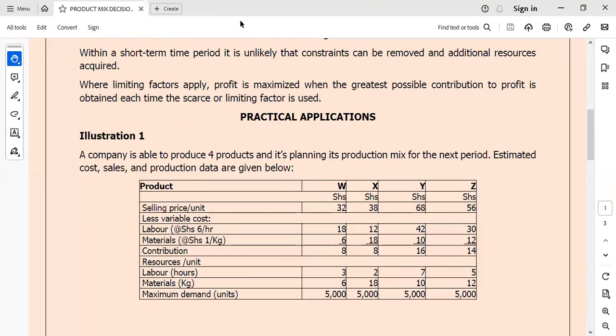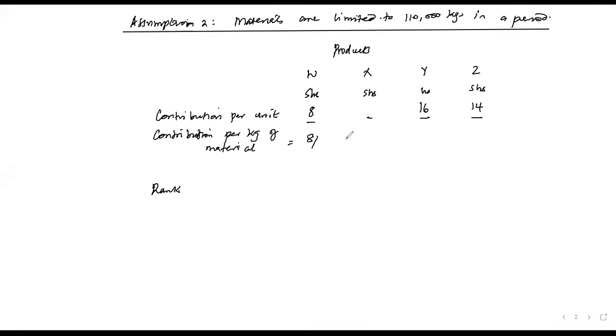So this will be 8 divided by 6. What was the contribution here? It was 8. So for X, it will be 8 divided by 18 kilograms to make a unit of X. Then Y, it is 16 divided by 10 kgs.